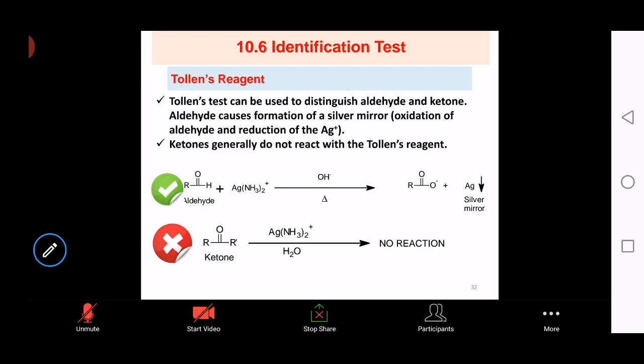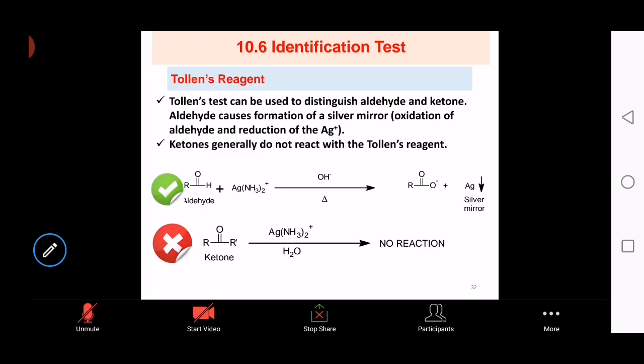So, aldehyde akan oxidize and then ada precipitate of silver solid, which we call as silver mirror. So that's why aldehyde akan dapat positive result compare to ketone. Bila react dengan Tollens' reagent ni tak ada reaction, formation of silver mirror tak ada pun.